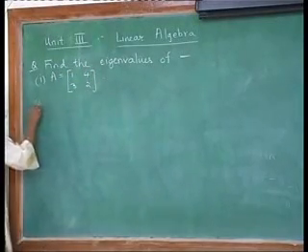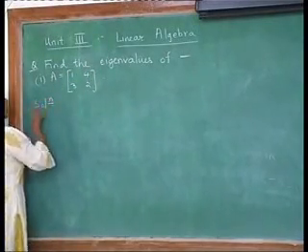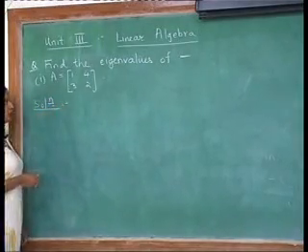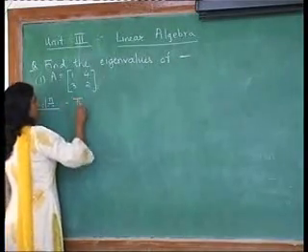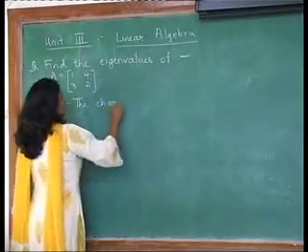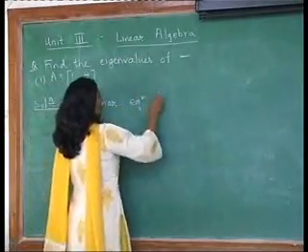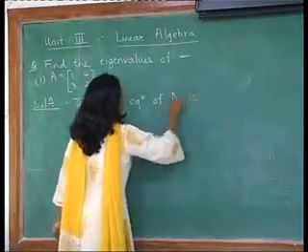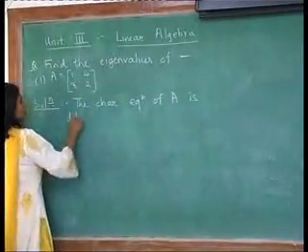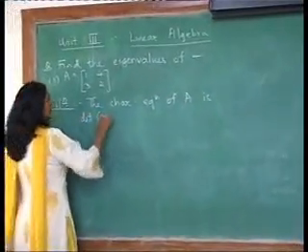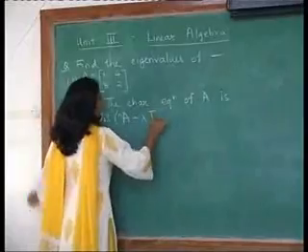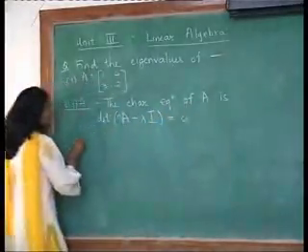To find the eigenvalues, we need the characteristic equation. So let's begin with the characteristic equation. The characteristic equation of A is determinant of A minus lambda I equal to 0.